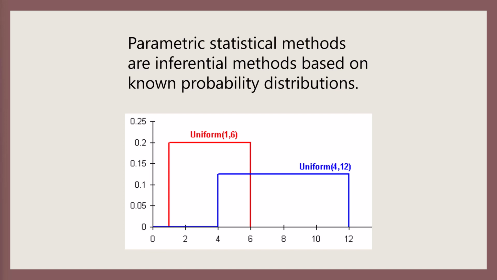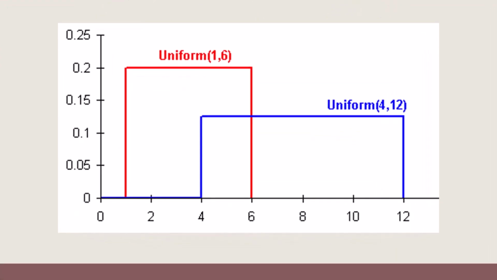Now, there are two parameters that specify a uniform distribution: the minimum and the maximum. So look at these two uniform distributions. These are two examples. The red distribution is a uniform distribution with two parameters, the minimum 1, the maximum 6.